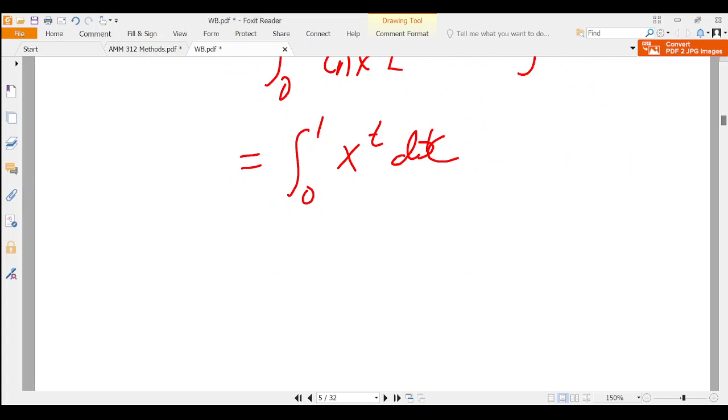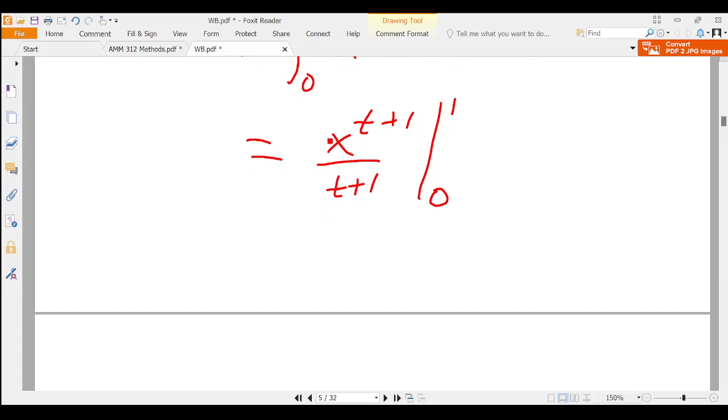Then we integrate this to get x raised to power t plus 1 all over t plus 1, and x increases from 0 to 1. Notice that this is x increasing from 0 to 1, not t, because the integral is with respect to x.